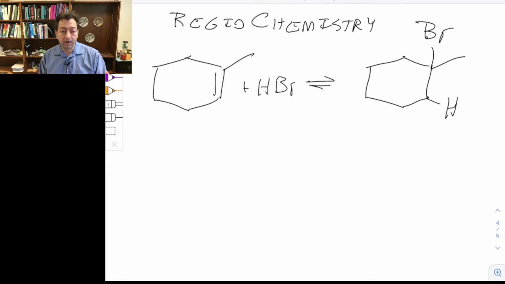So HBr adds across there, and what we observe is that the bromide, the nucleophile in this reaction, winds up on the most substituted carbon. Now, I think we're at the stage where this makes an awful lot of sense to us.